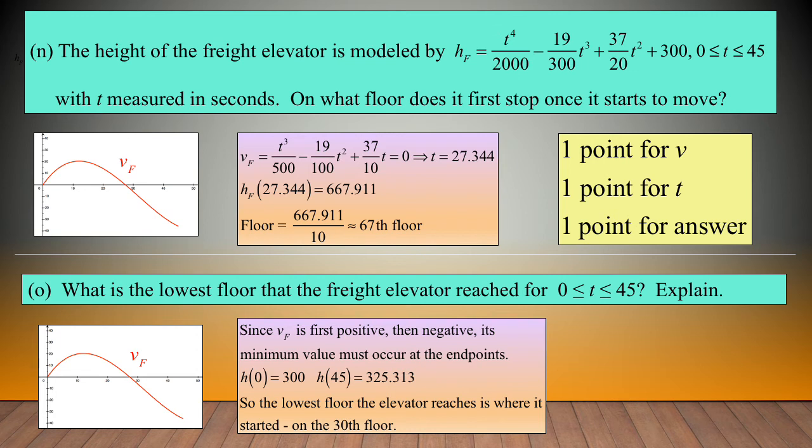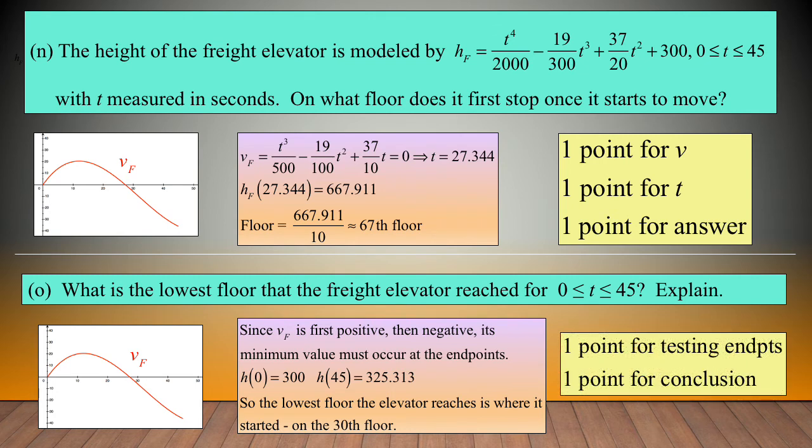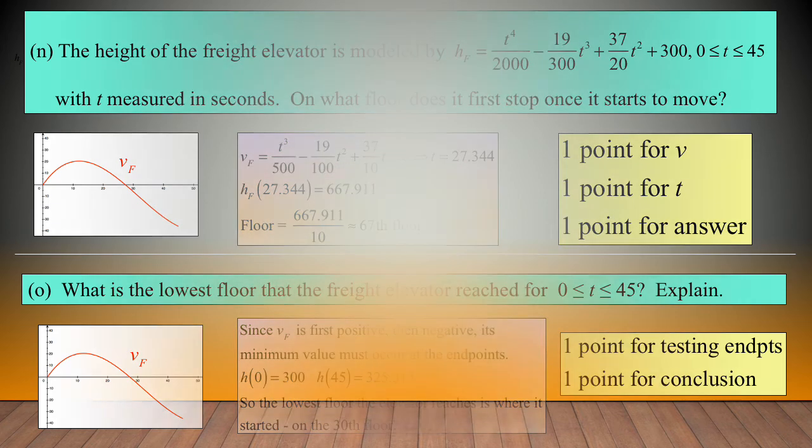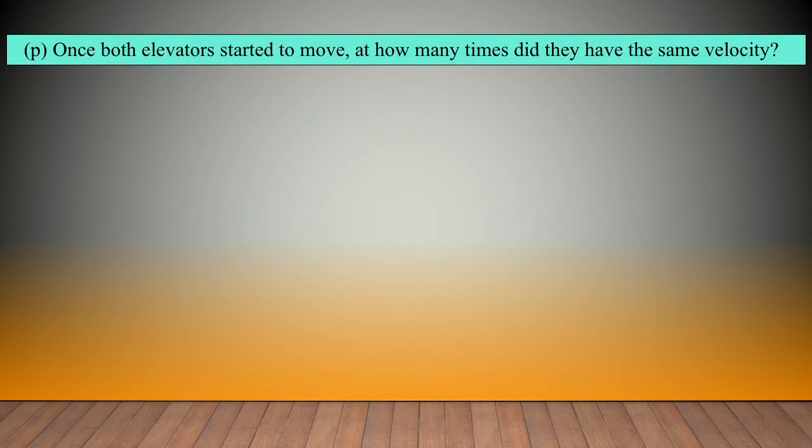H of 0 is 300 and h of 45 is 325.313. So the lowest floor that the elevator reaches is where it started, on the 30th floor. For this problem, you must test both endpoints to get 1 point, and then 1 point for the conclusion.